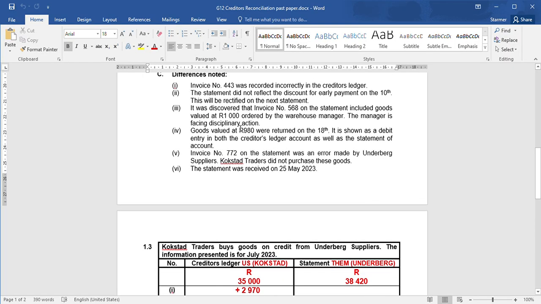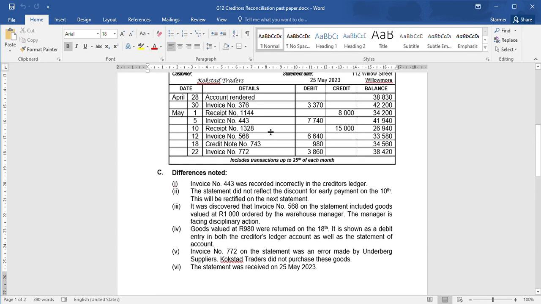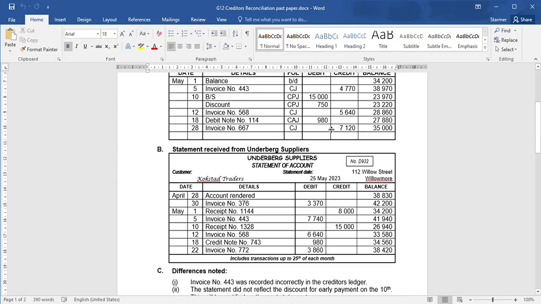Number 3, it was discovered that invoice number 568 on the statement included goods valued at 1,000 Rand ordered by the warehouse manager, and the manager is facing disciplinary action. Okay, if you have a look at this, you'll see that they said that the invoice was for 6640 and we said it was for 5640.